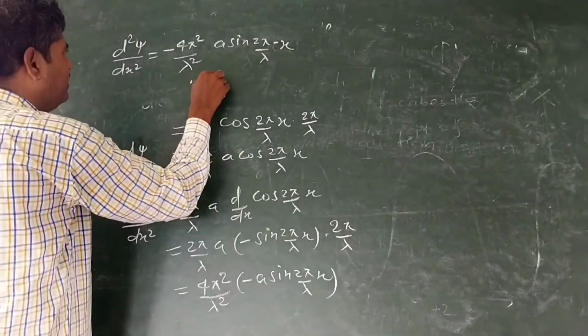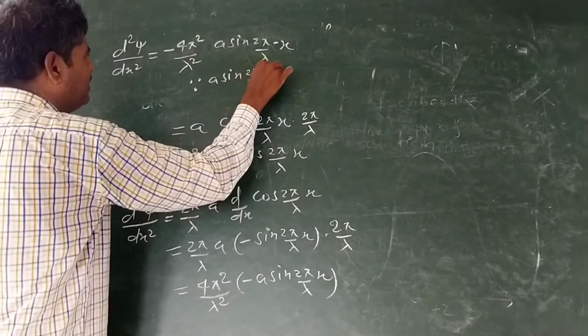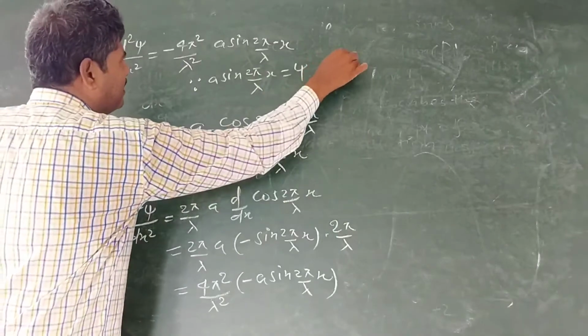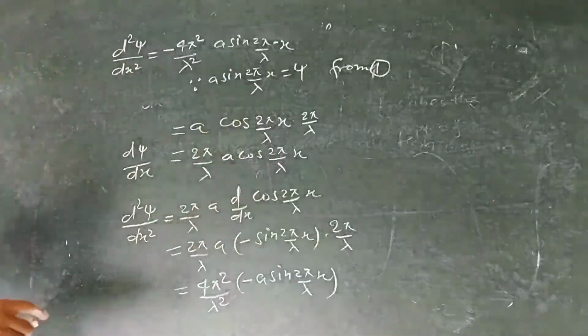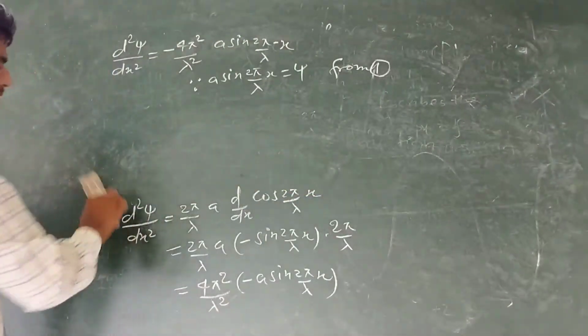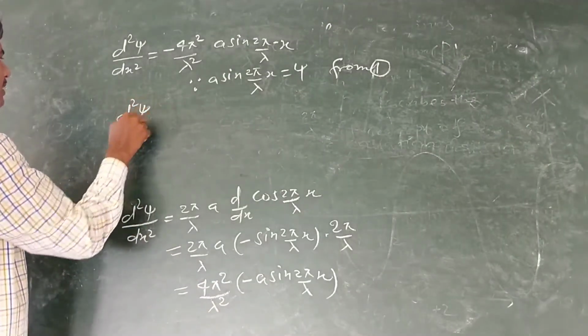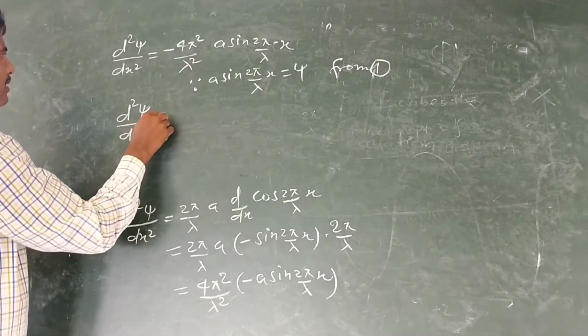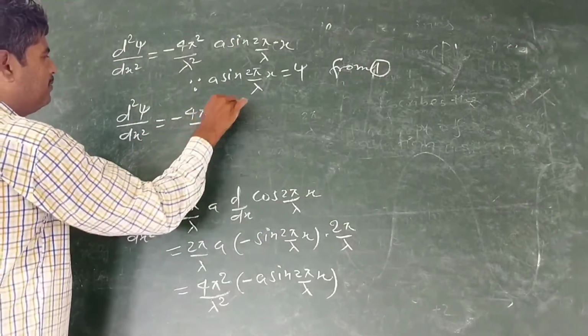Since a sin 2 pi by lambda into x is equal to psi from 1, replacing it by psi, d2 psi upon dx square is equal to minus 4 pi square upon lambda square into psi, number 2.